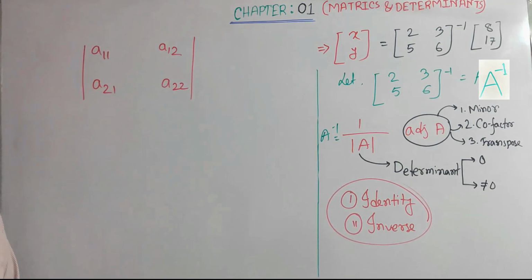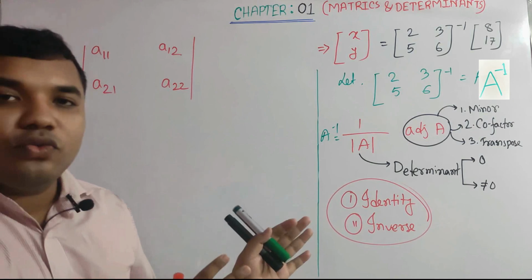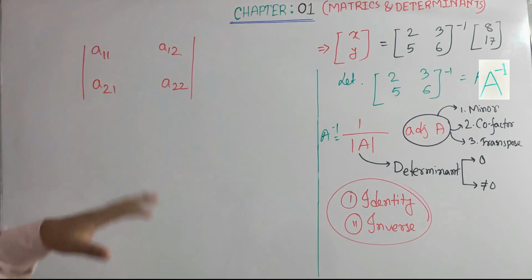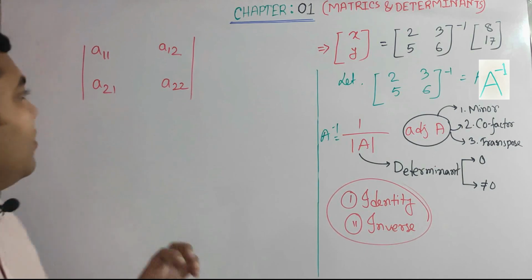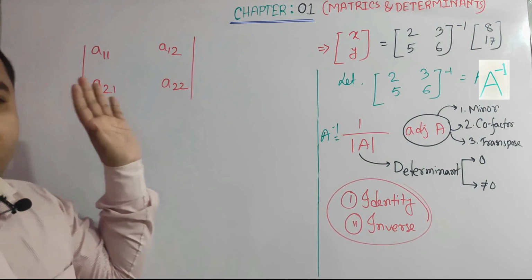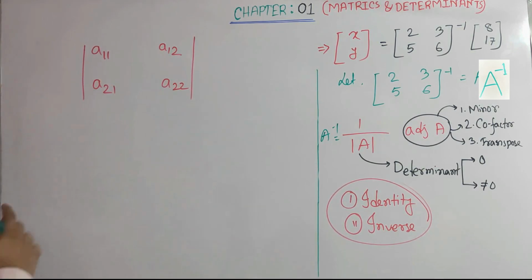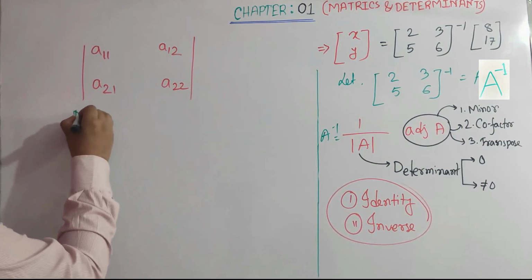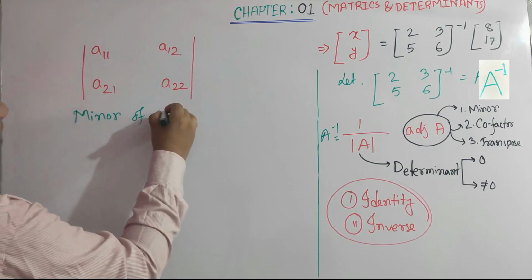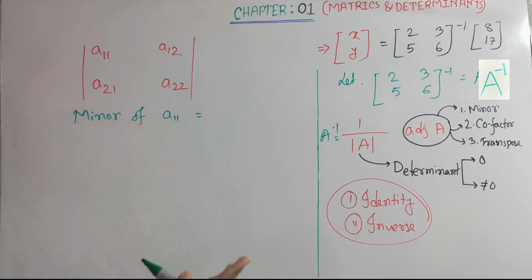Suppose this is a determinant where we are trying to find, yes, the minor. Actually, minor is generally found for every entry. Minor can be found for every entry. So the minor of A11 entry will be what?